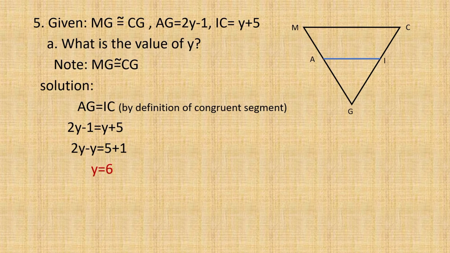So combine all similar terms. The one with y's is equal to 5 plus, so you transpose negative 1 to the right side. So that will become positive 1. So 2y minus y, you have there 1y or y is equal to 5 plus 1, 6. So therefore, the value of y is equal to 6.